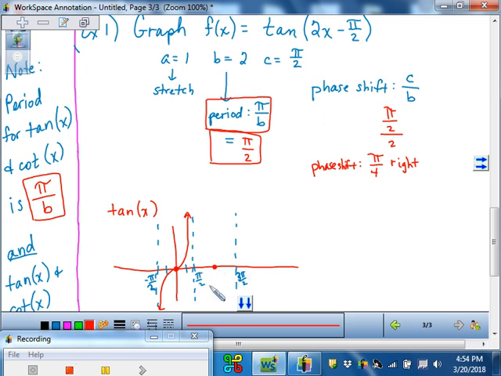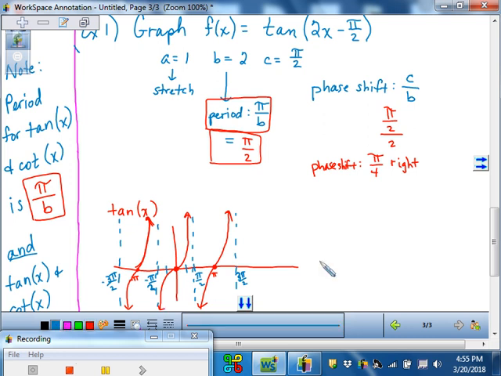So halfway between, which would be located at pi, I have another graph of that same function. And then if I went the negative direction, I would have another asymptote at negative 3 pi over 2, and halfway in between at negative pi, I would have the midpoint of those two asymptotes, and then I would have my graph rising to the right and falling to the left. This is what the parent function looks like.